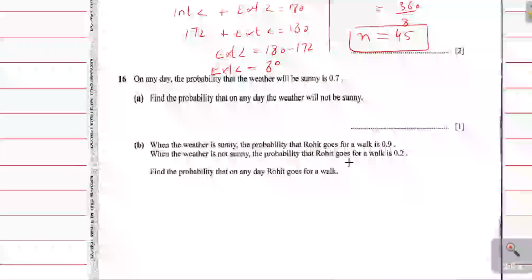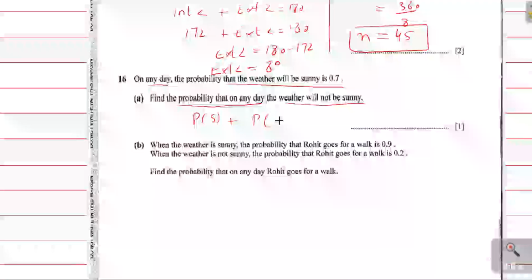Question number 16. On any day, the probability the weather will be sunny is 0.75. Find the probability that on any day the weather will not be sunny. Look here, the probability of sunny plus the probability of not sunny, we can write the probability of sunny as P of S and the probability of not sunny as P of S dash.